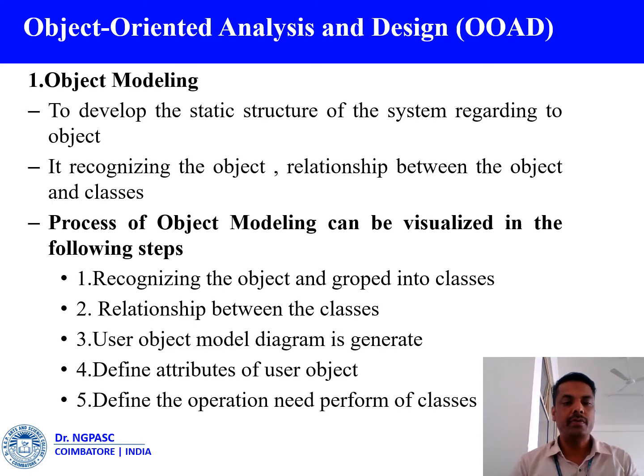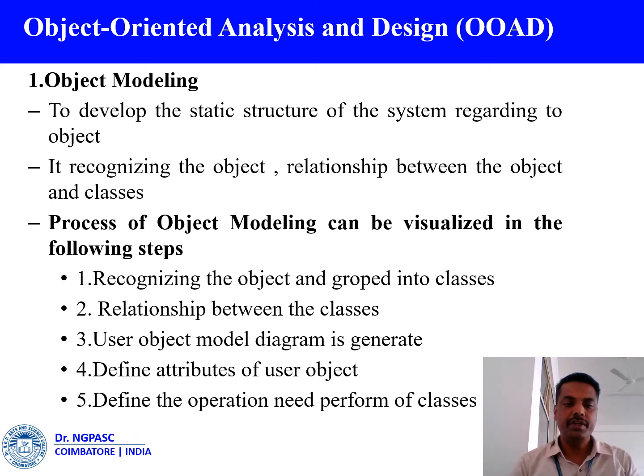The process of object modeling can be visualized in the following steps. Here we have 5 steps. The first is recognizing the objects and grouping them into classes. After grouping into classes, we define the relationships between the classes.